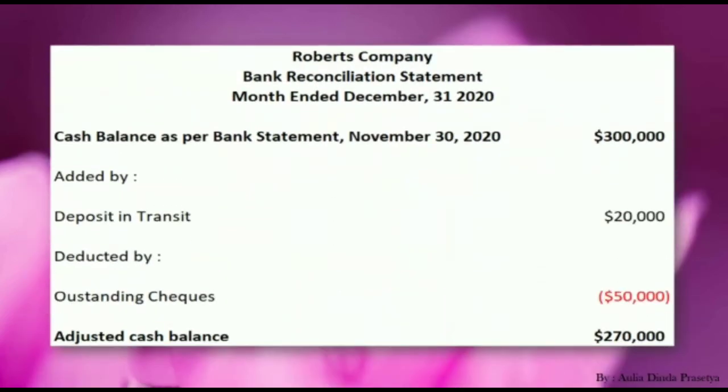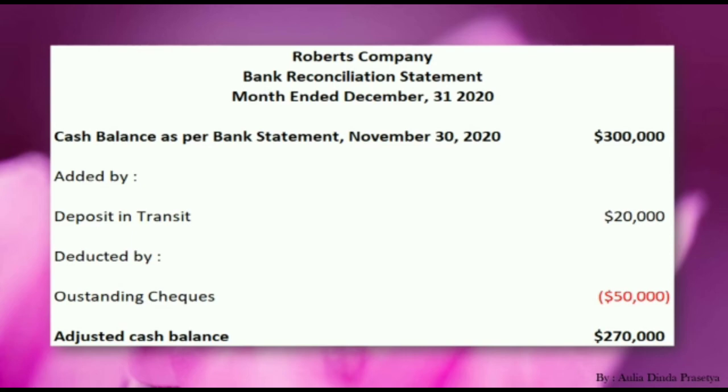Alright, so we will do a bank reconciliation for Robert's company. I will explain from the bank side first. We already know that the cash balance as per bank statement on November 30, 2020 is $300,000, added by the deposit in transit amounting to $20,000.